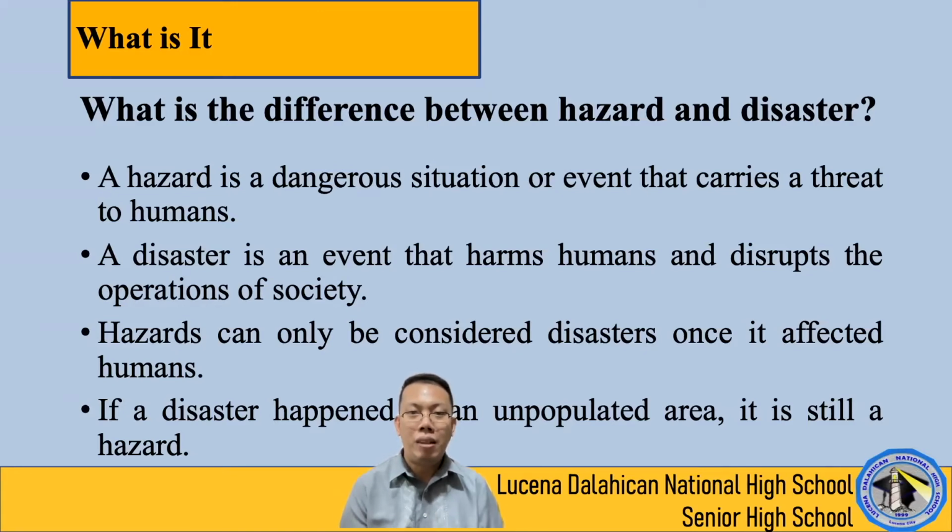Even if it is man-made or natural, it will not be considered a disaster but just a hazard. If it happened in an unpopulated area, it will not be classified as a disaster, kapag walang naapektuhan na human population.